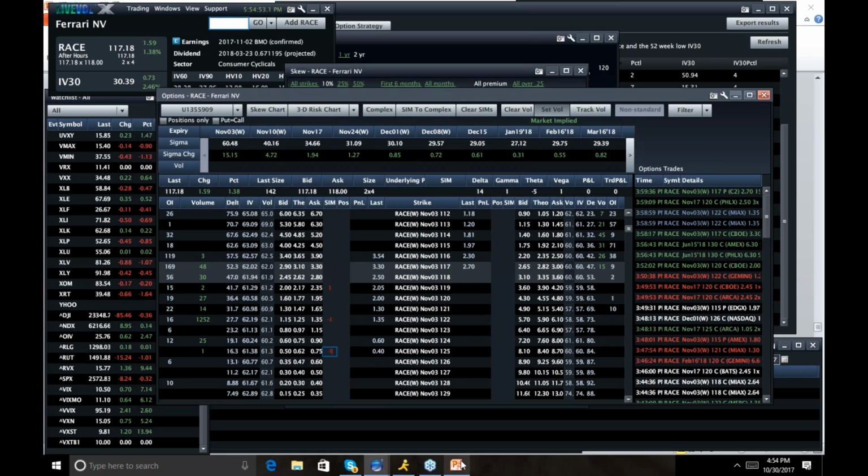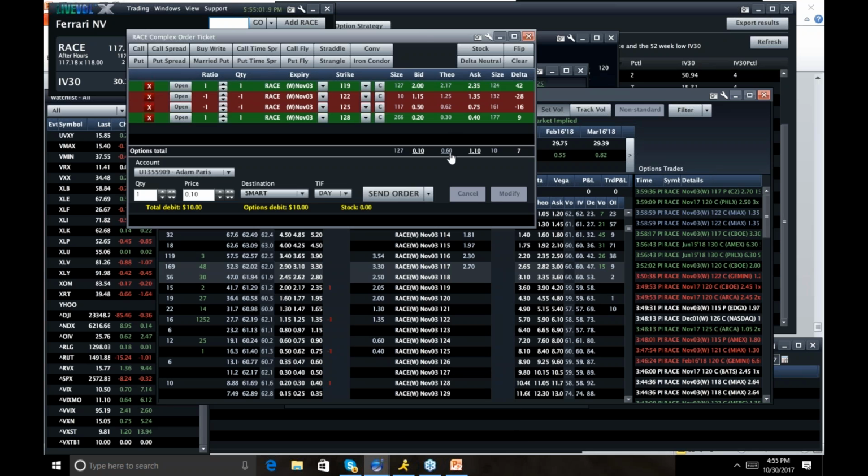I'll sell the 125s, and I'll buy the 128s. So this is going to look a lot like a butterfly. This is going to act a lot like a butterfly, and it's going to cost you 60 cents. This is big. This kind of is looking at how it's going to move right now based on order flow.